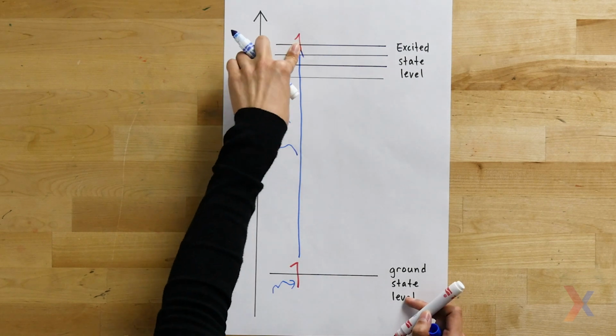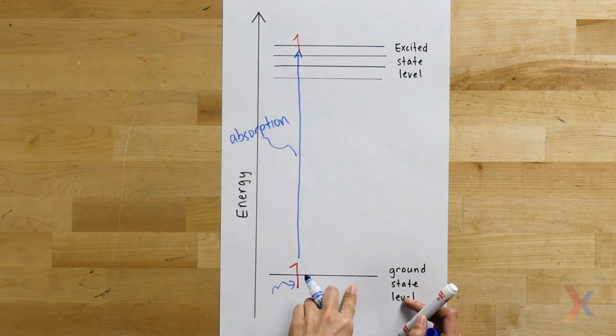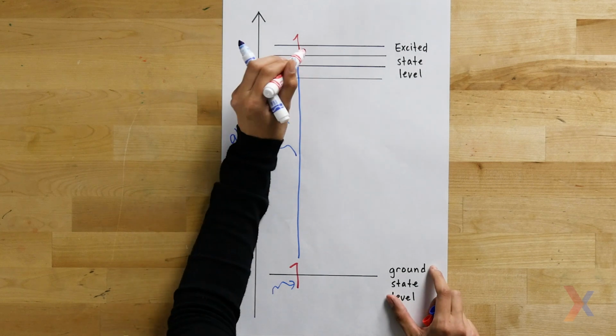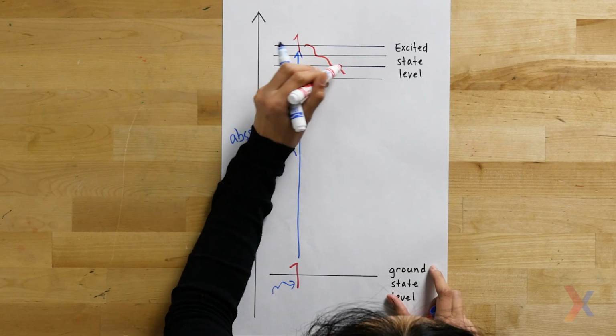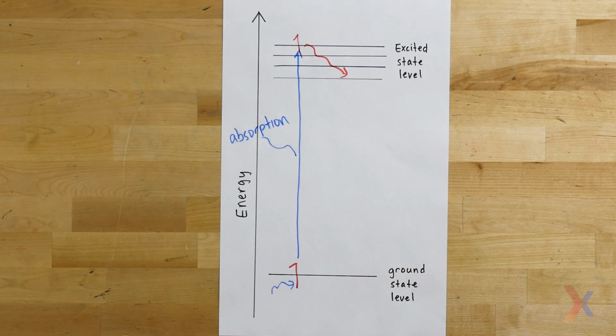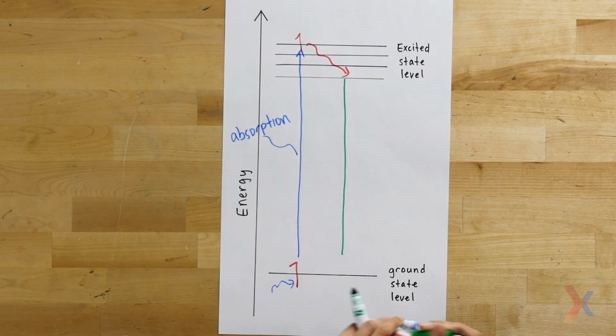Now, this electron in the excited state level isn't stable, and so it's going to want to come back down and relax back down to the ground state level. In the process of doing so, it first loses a little bit of energy as a form of energy we call vibrational energy, before it's able to relax back down to the ground state level, coming back down here.